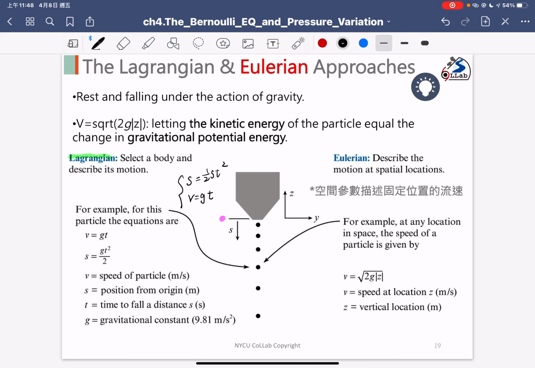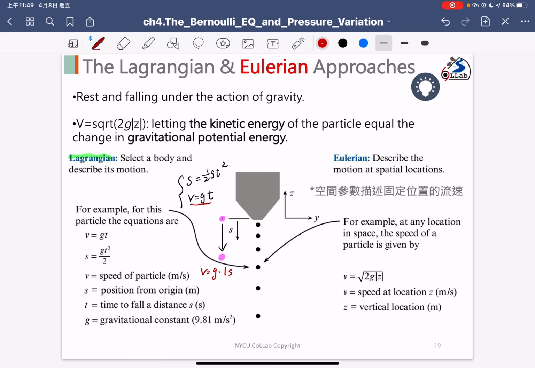I start from here, and maybe 1 second later, the point moves to here. And I know that it is a 1 second difference. So what's the velocity here? Based on the equation, the velocity is equal to g multiplied by 1 second, right?